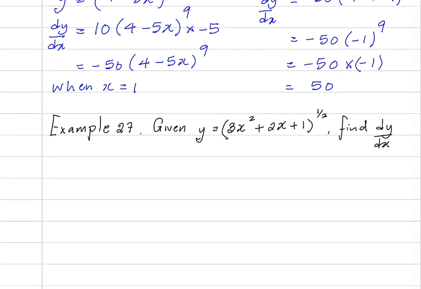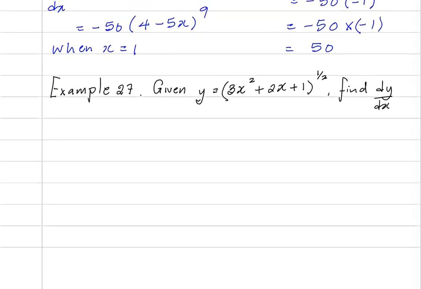Alright, continuing. Still on chain rule. We have y is equal to 3x squared plus 2x plus 1 raised to the half power. Chain rule, dy by dx, the power comes to the front, so you have 1 half.